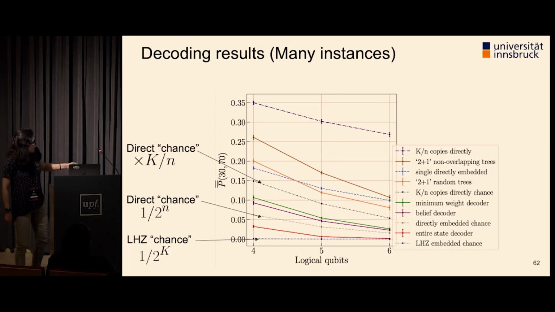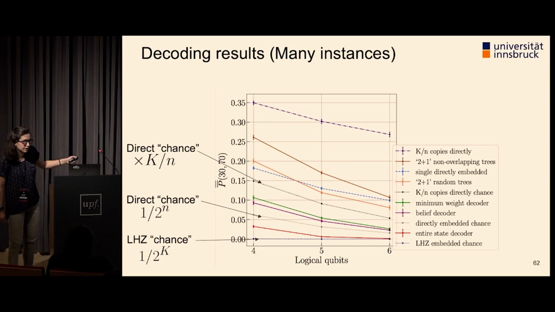However, if you then compare this to the direct chance, the random chance of finding the correct ground state on n number of qubits, it does not perform better than this. However, if we then use our minimum weight or belief propagation decoders, we do find this is improved compared to the random chance. However, the third thing I looked at was the direct chance on K over n.